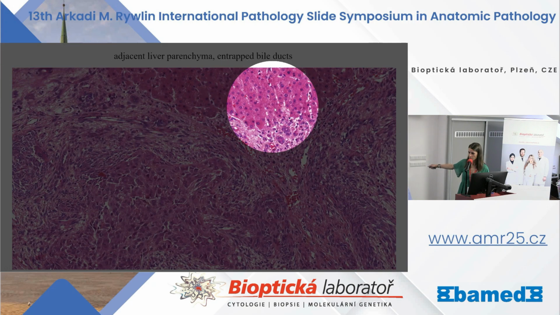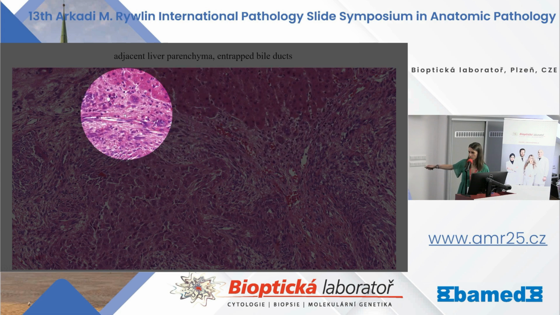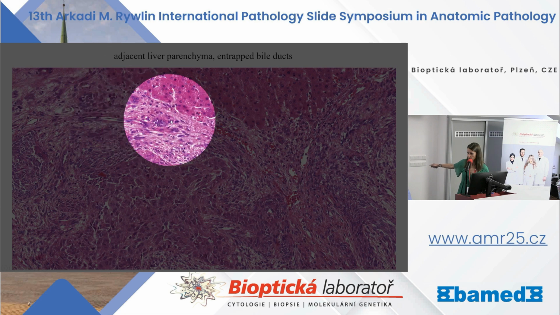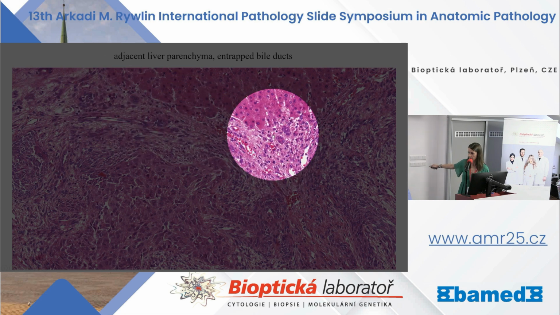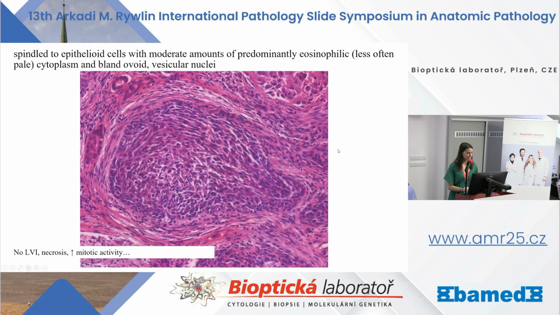There were no signs of fibrosis or other liver disease, and quite a frequent feature in this tumor were entrapped benign non-neoplastic bile ducts. At this picture, there is once again a detailed area of a nest of tumor cells.